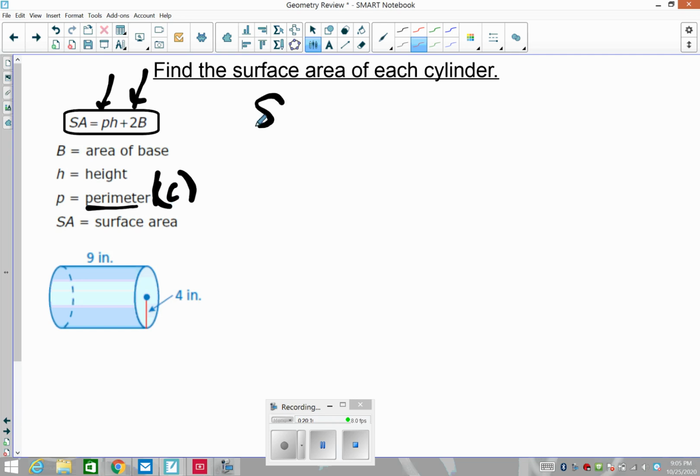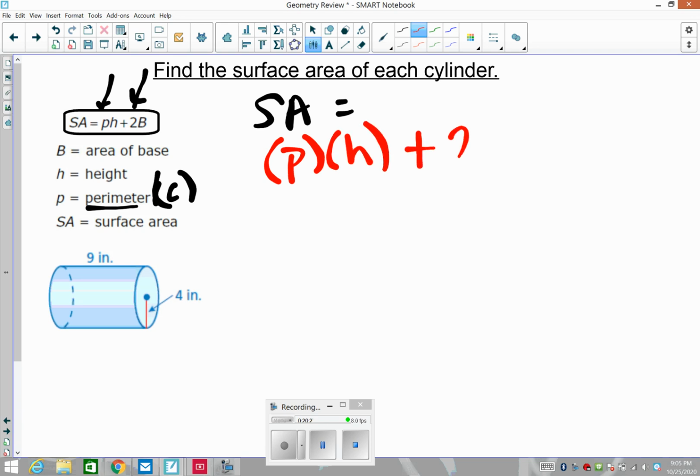So surface area. Well, I guess I'll backtrack it and use that. It is the perimeter times the height plus 2 times the area of the bases. So that breaks down to the circumference, because they're the same word.